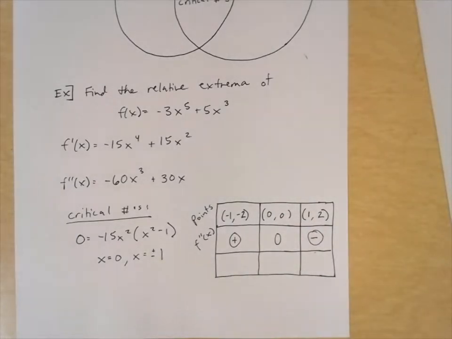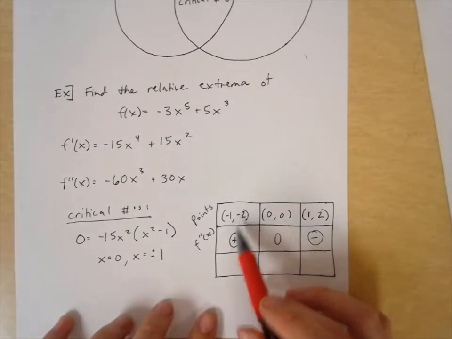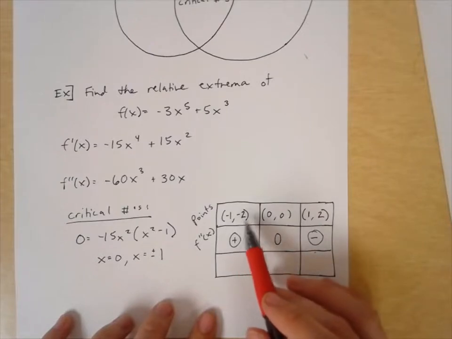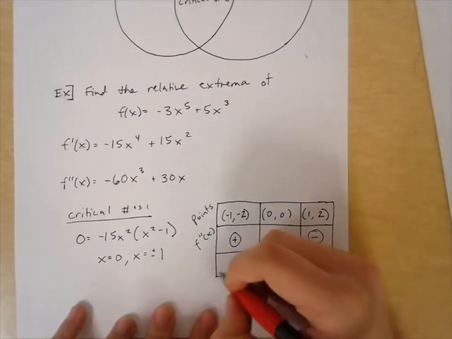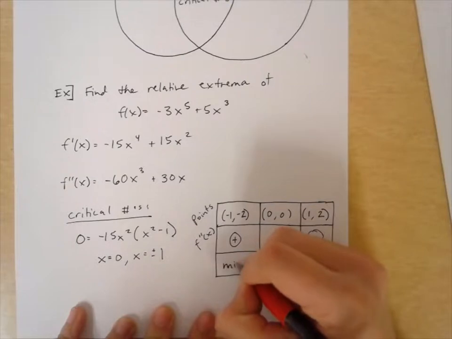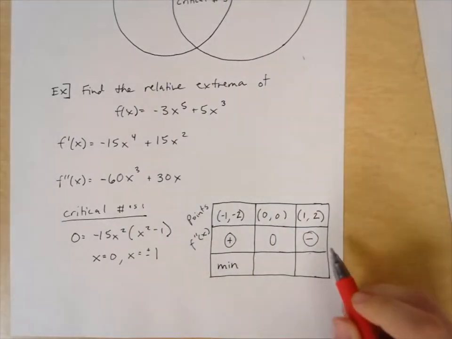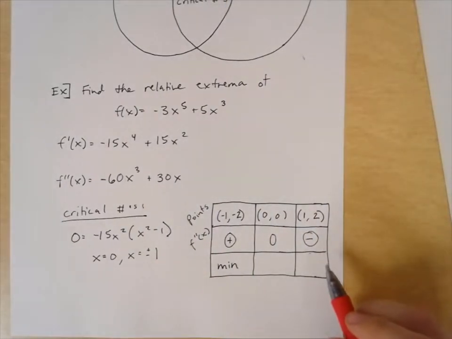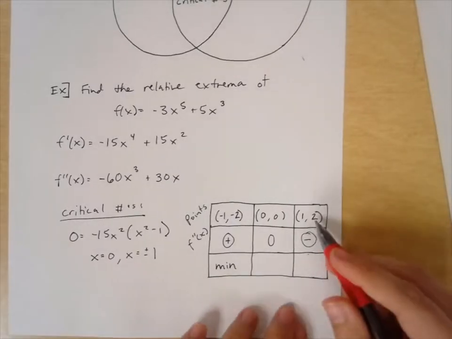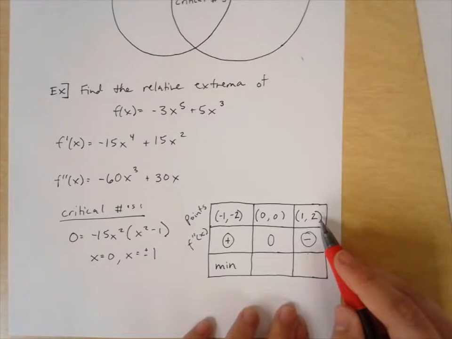If I look at my second derivative test description, it tells me that when my second derivative is positive, I have a minimum at the point c, comma, f of c. When my second derivative is negative, I have a maximum at the point c, comma, f of c.